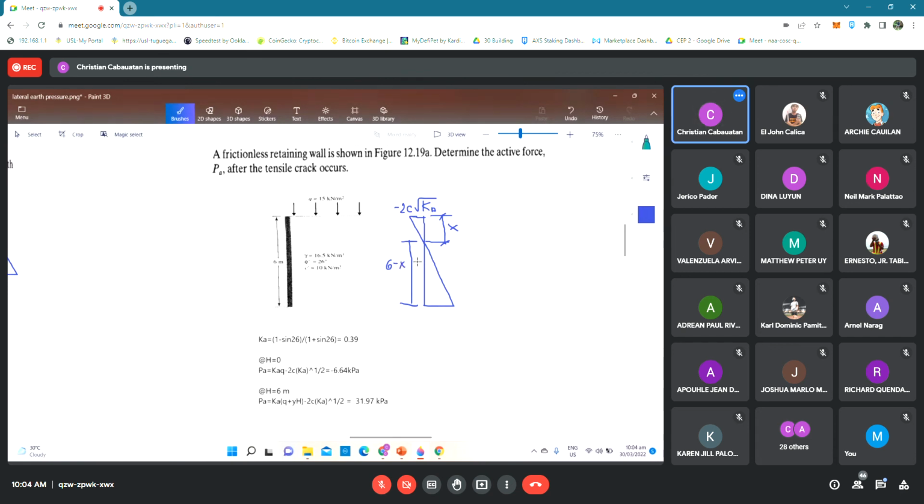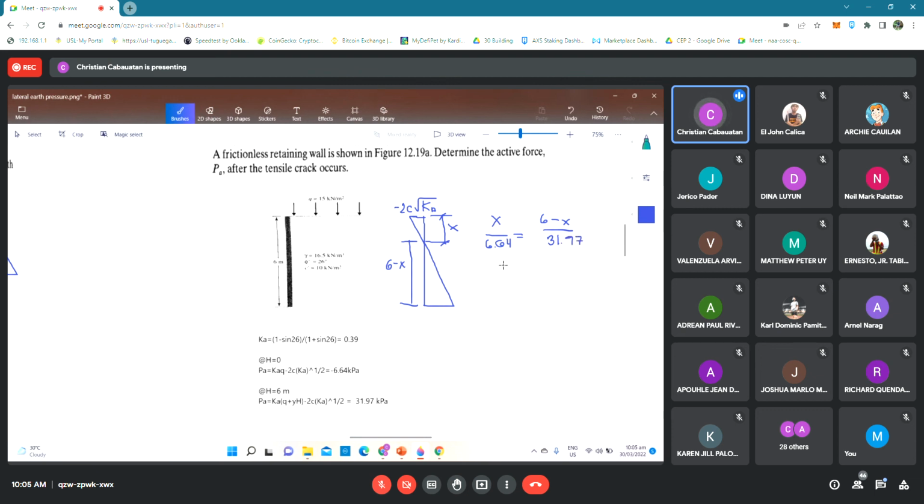To determine the value of X, it is equal to X over 6.64, equal to 6 minus X divided by your value at the bottom, which is 31.97.